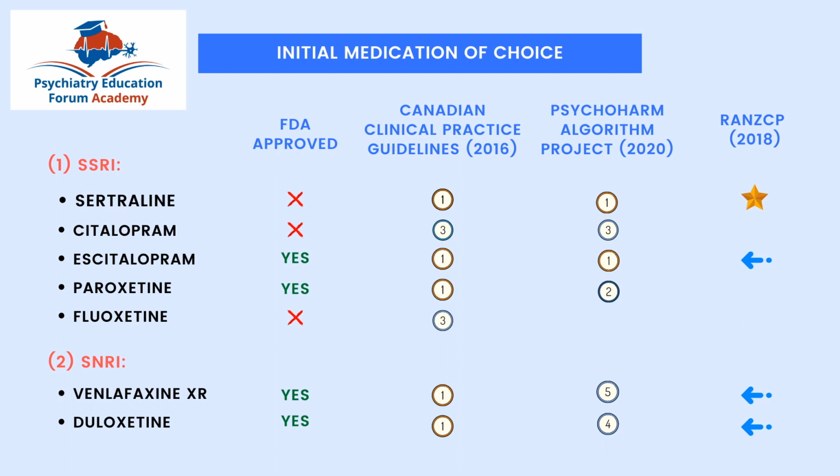But if not, I will definitely consider escitalopram, venlafaxine XR, or duloxetine. But again, we need to be mindful of the side effect profile of these medications. These are not totally side-effect-free medications. We have GI side effects, sexual side effects, and many more.